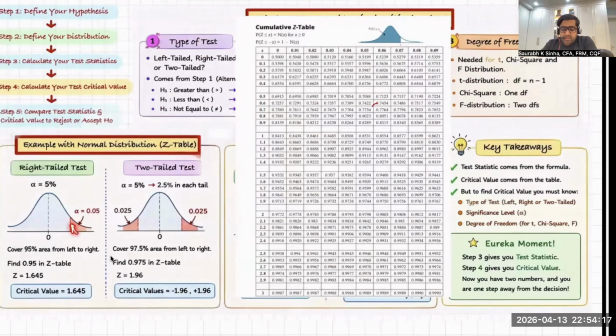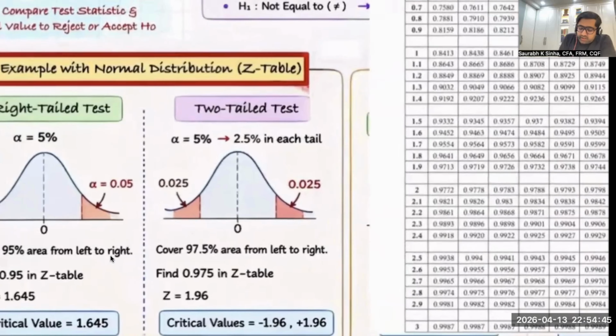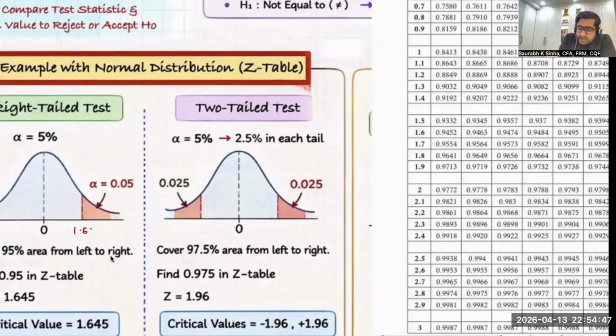Now, because you cover 5% area in the right tail, the remaining area becomes 95%. So you look for 0.95. 0.95 is between these two values, 4 and 5, and this is 1.6. So the z score for this value is 1.645.